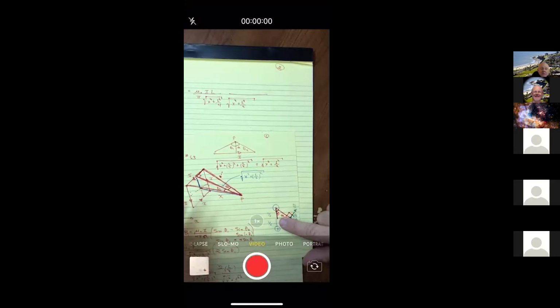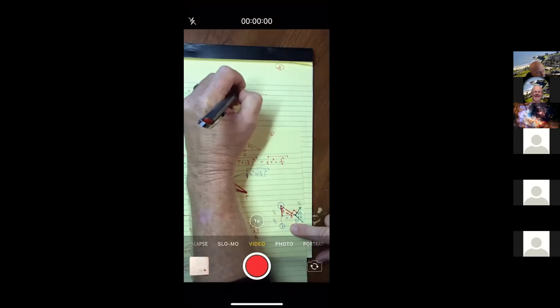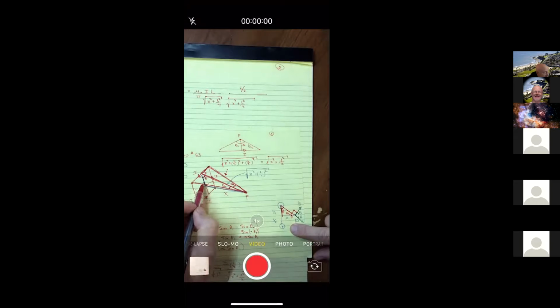And so in this 3-dimensional picture, this right here is my theta. And so the adjacent is the L over 2. So this is going to be an L over 2 divided by the hypotenuse.